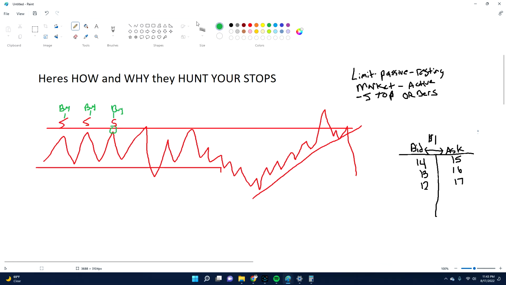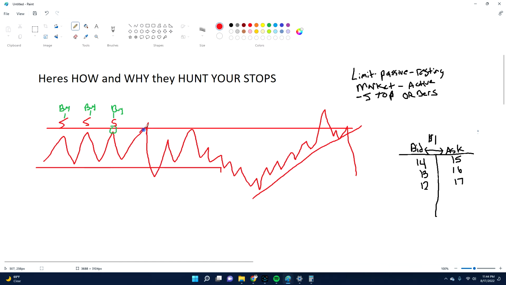What will often happen is, before the price goes in the direction that you think it's going to go, it will come up first to grab your orders, and then take them down to where you thought it was going. It's called a stop hunt. It's the most frustrating thing, right?